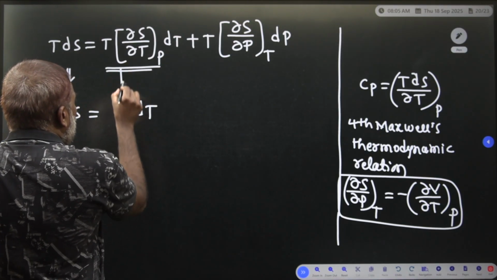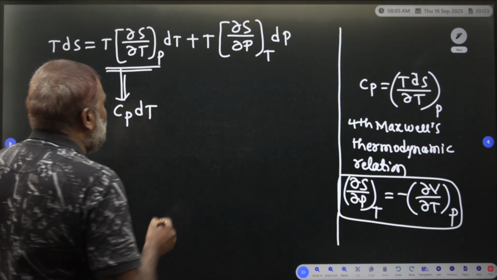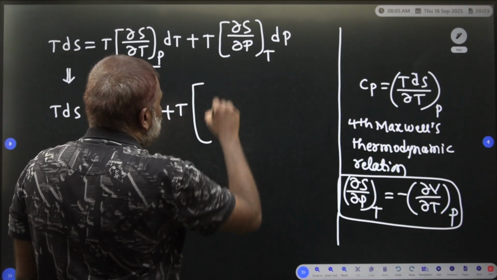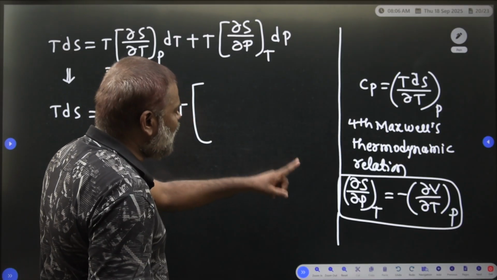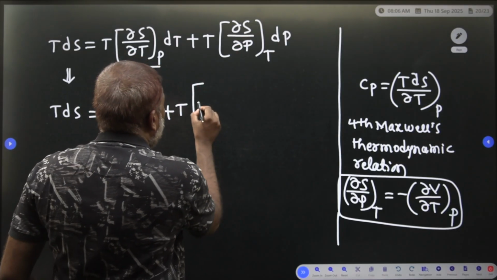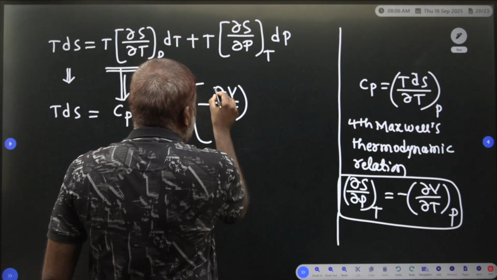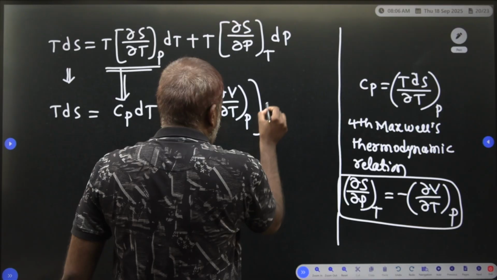This entire term you are going to write as Cp plus T into ∂S/∂P at constant temperature, which is equal to minus ∂V/∂T at constant pressure, into dP.